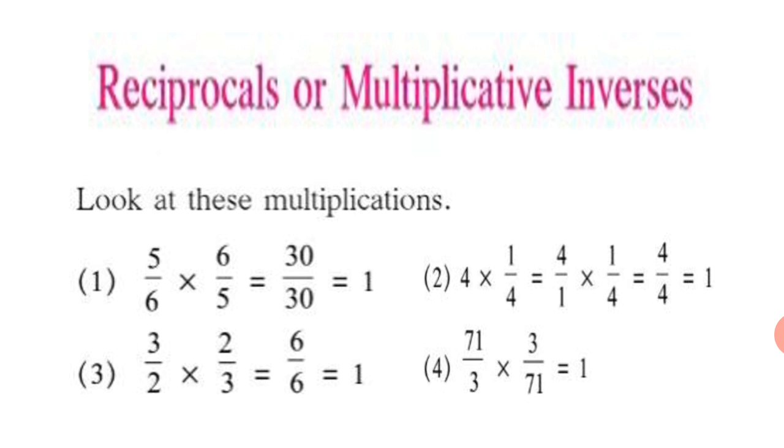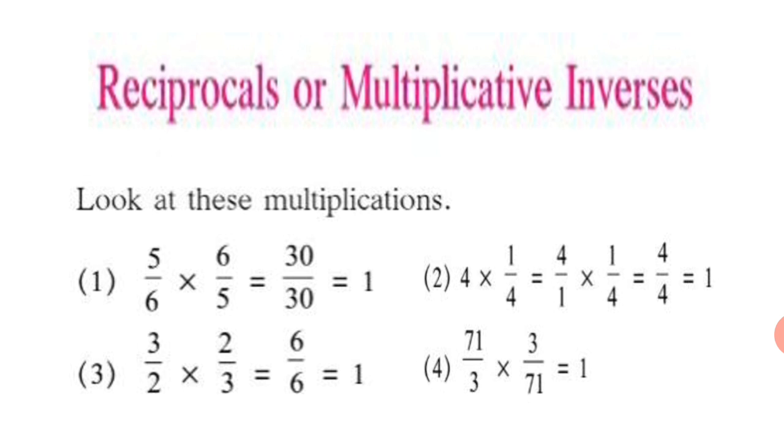What is the peculiarity you see in all of them? Yes, a fraction is multiplied by another fraction obtained by exchanging the numerator and denominator of the first fraction. Their product is 1. Each fraction of such a pair is called the reciprocal or multiplicative inverse of the other.